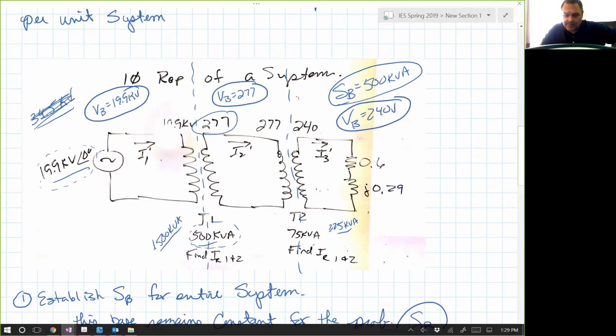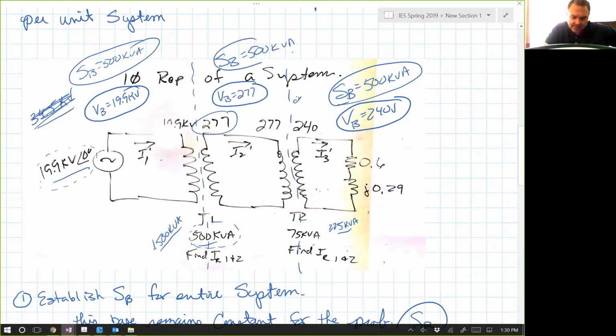So the other thing I want to emphasize is that S base is consistent for all three phases, so for the entire system. So I chose S base equal to 500 kVA. I'm going to write it in each of the voltage regions, but I don't normally do that.